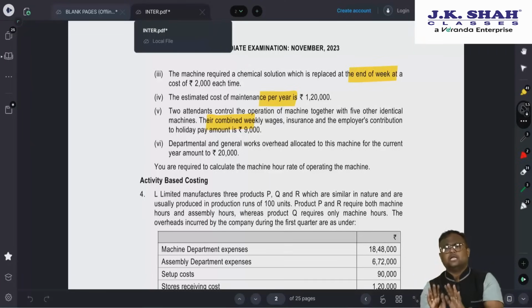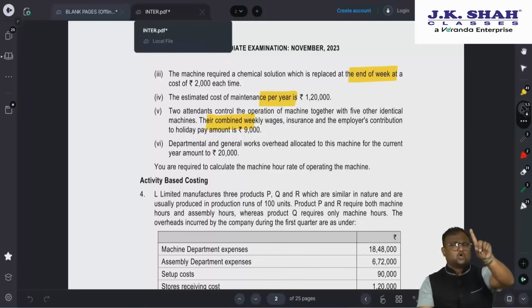Combined wages of both are 9,000, so 9,000 into 50 for all 6 machines, 1/6. Had it been 9,000 per person, then 9,000 into 50 into 2, and then I would have applied 1/6. Since it was a cost of 6 machines, 5 other machines are also handled, so total 6 machines are handled. I am interested in the cost of running 1 machine for 1 hour.